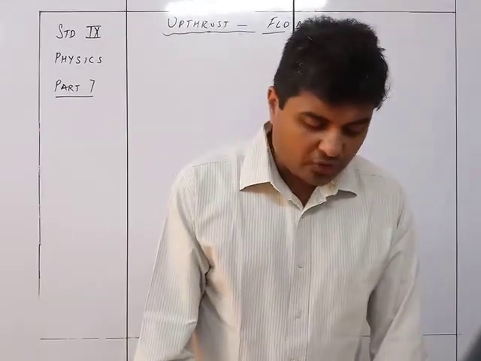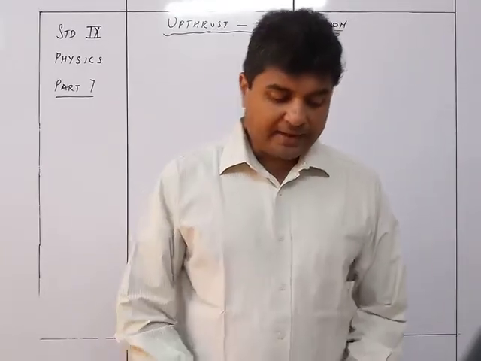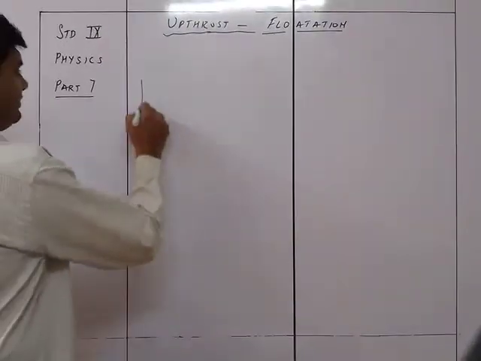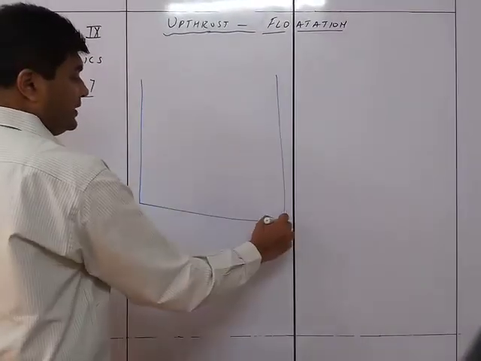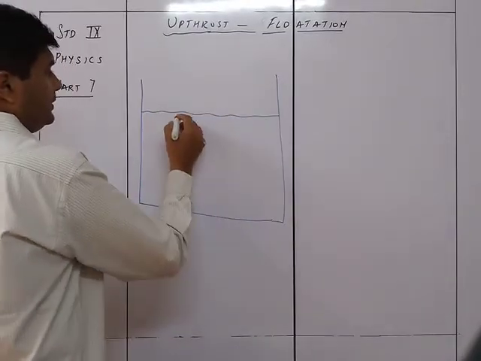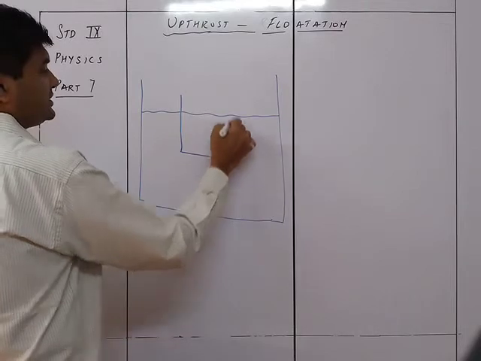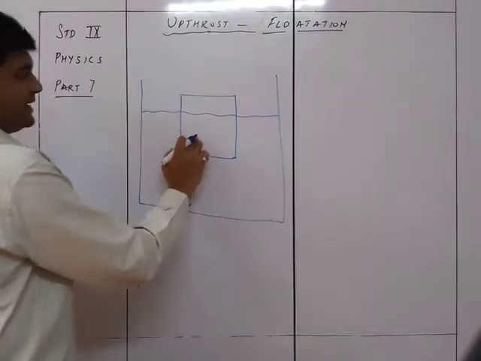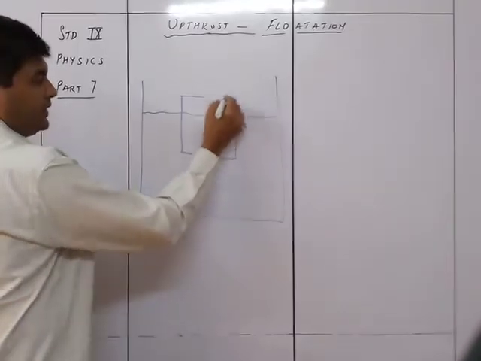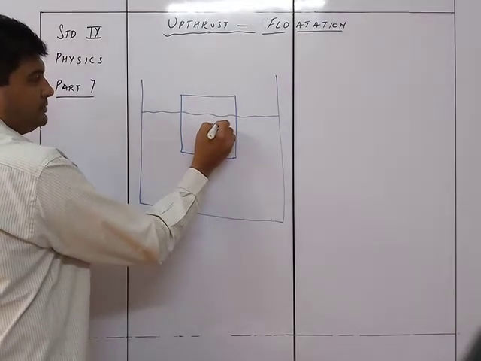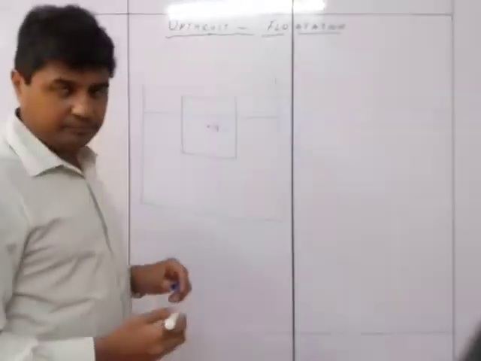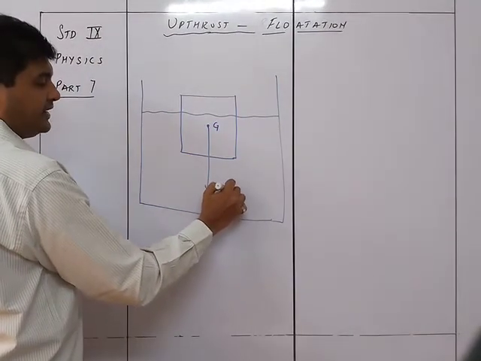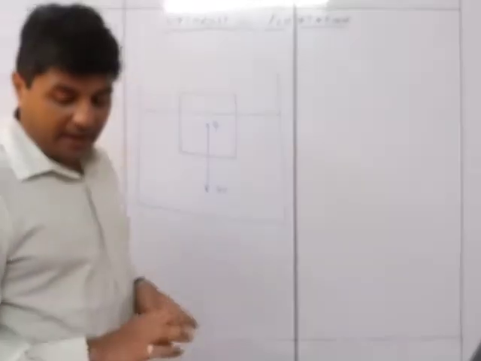The figure shows the two forces W and FB acting on a body floating in a liquid. We have a container filled with water up to this particular point, and a body of this particular dimension, partially inside the water and partially above water. The center of this body is G, the center of gravity, and through this point the weight of the body acts downwards.